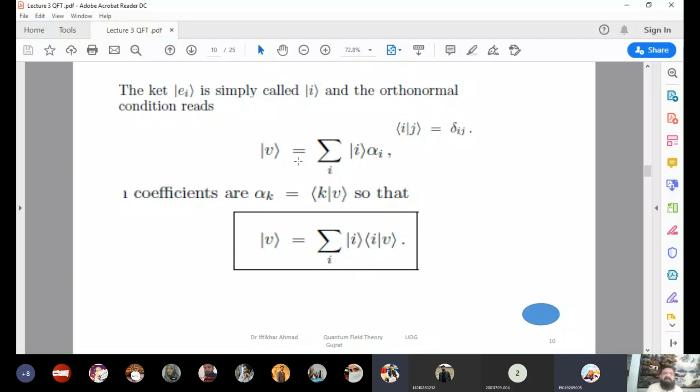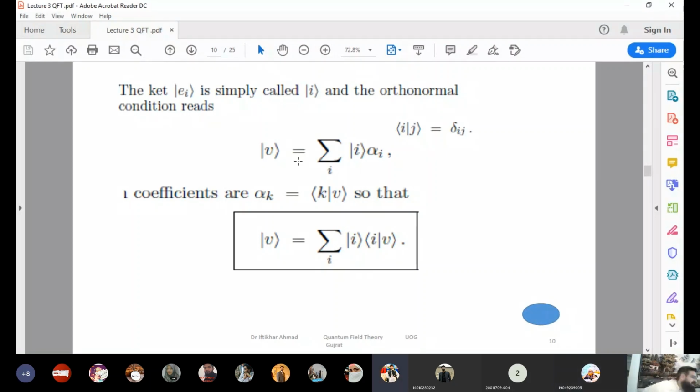So I am telling you here how to write vector V, which is the linear combination of alpha I EI, in the form of a ket vector. So the ket vector V is equal to the ket vector I into alpha I, with the summation outside.